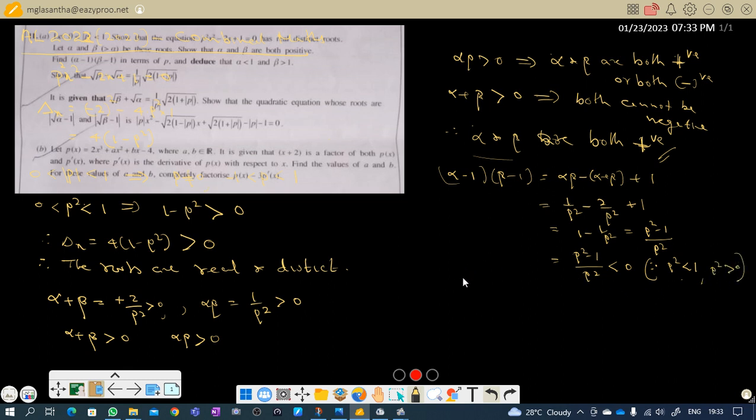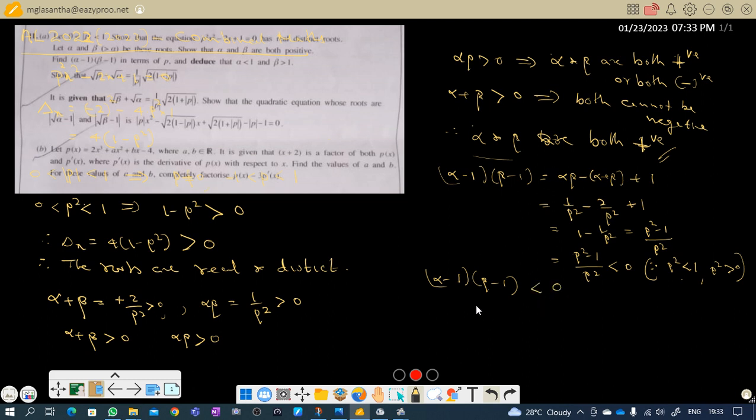So alpha minus 1 times beta minus 1 is less than 0.